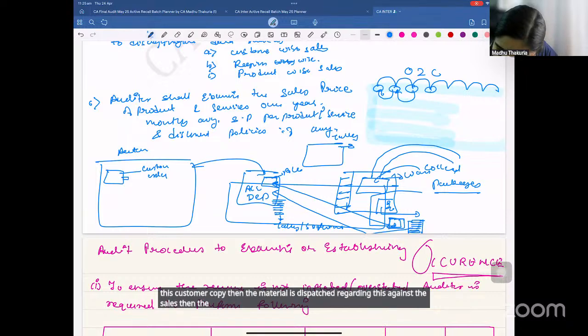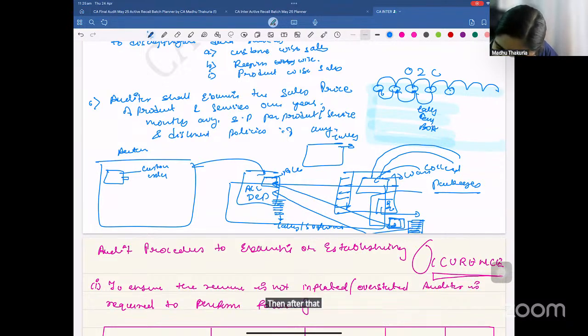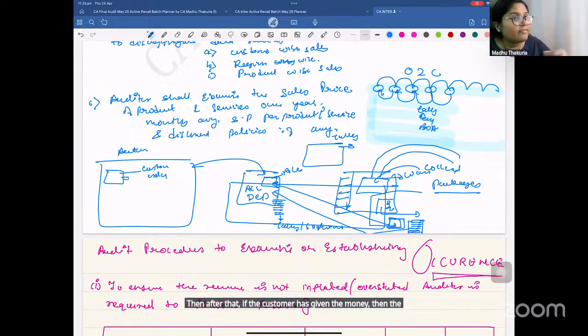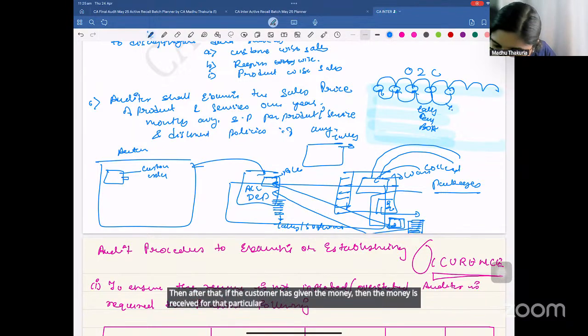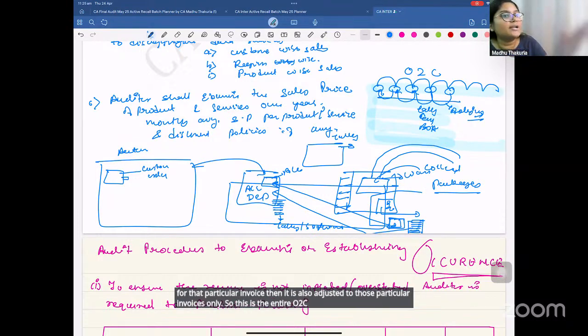Once the sales invoice is raised, then accounting in Tally, and you have to see the entry in the books of account. Then if the customer has given the money, the money received is adjusted to those particular invoices only. So this is the entire O2C process, from customer order to cash.